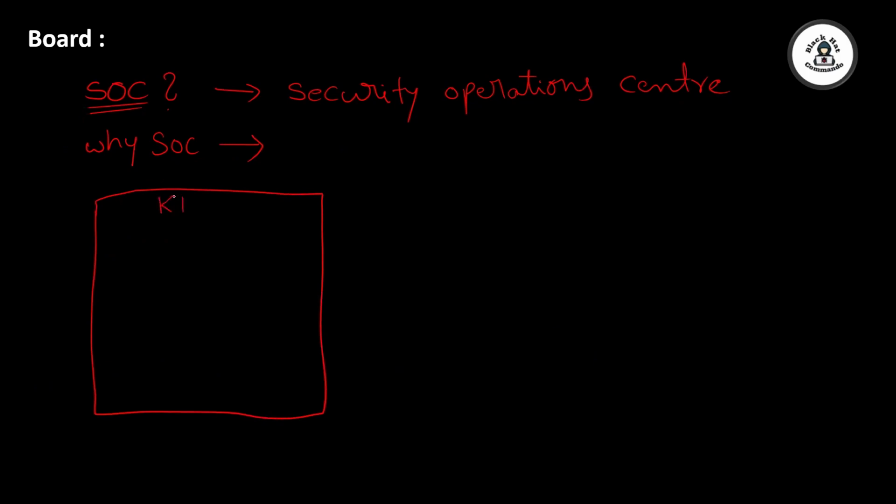Let us take the example of Kia, a Kia car. They have all their servers, either cloud or on premises. I'll explain everything related to cloud in the next slide. So these are some servers and these are some monitors which they operate for everything related to Kia cars.